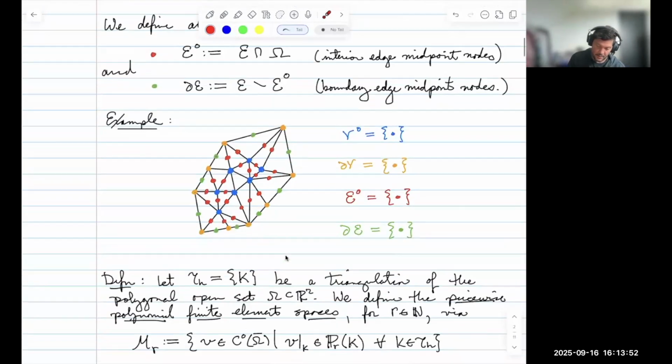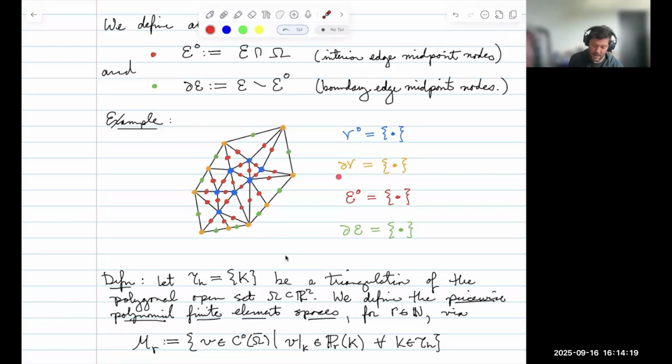Apart from the fact that I missed a few when I was labeling these, I think I've got them all now. But if you see that I'm missing any further ones, you can fill them in. So the set of all interior vertices are the blue points.